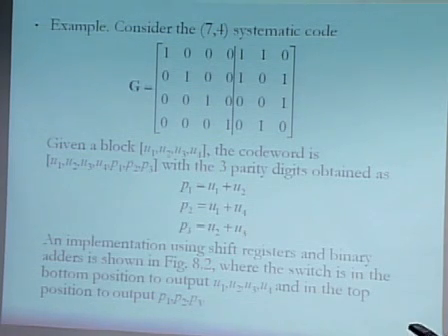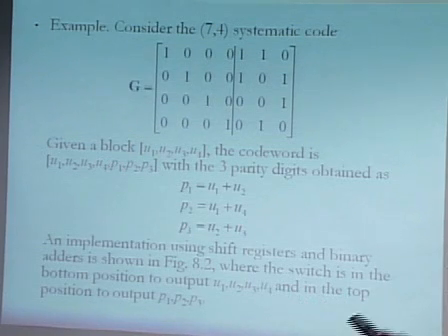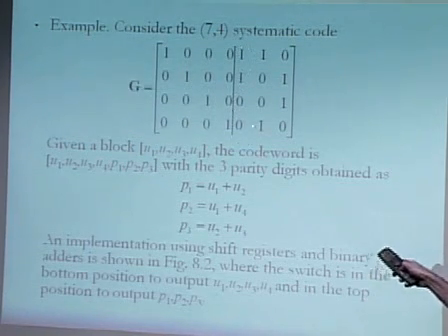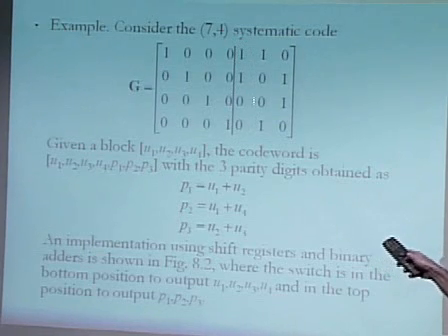Now, if we have a block of 4 information bits, U1, U2, U3, U4, the code word is obtained by multiplying this vector by G, and so it's going to be U1, U2, U3, U4, the same information bits, plus 3 parity bits. Now, it's very easy to see how to compute the parity bits within the matrix, right? Because all you have to do is a linear combination of the rows. So the first parity bit, P1 over here, is found by looking at this column, the first column of the parity part of the matrix.